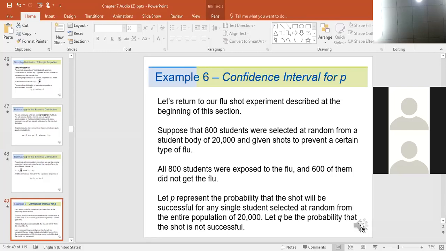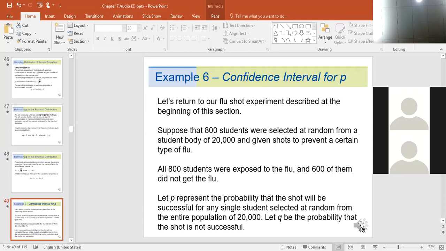So in this case, what is the sample size? The sample size is 800. And what is the number of successes? 600. What do you think should be the number of failures? 200.